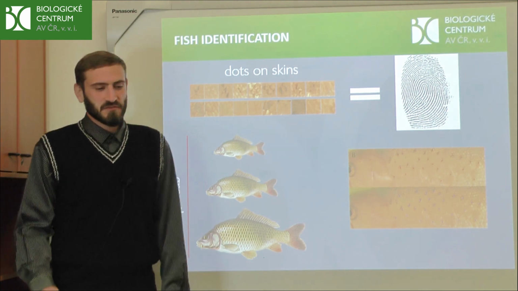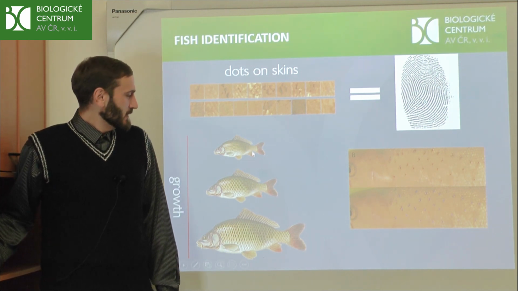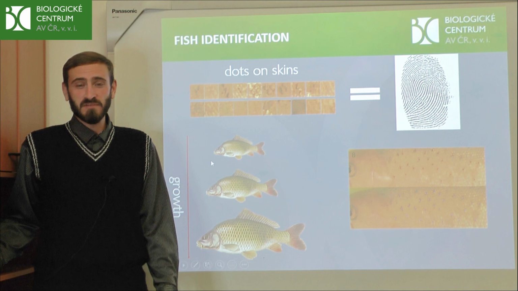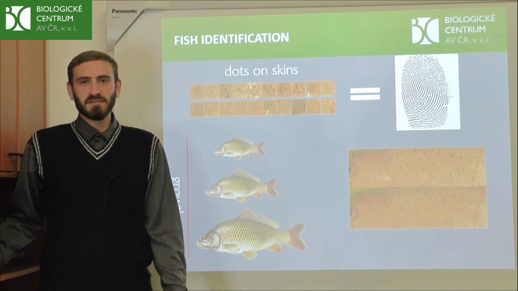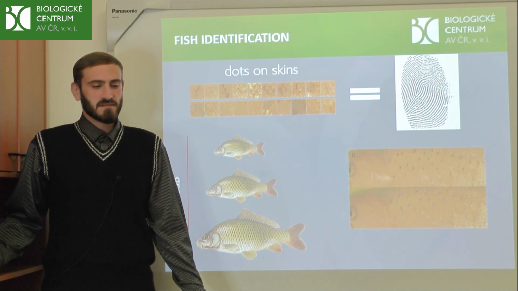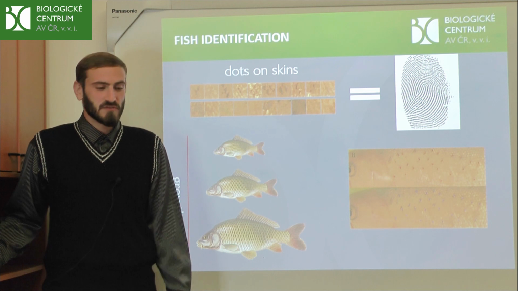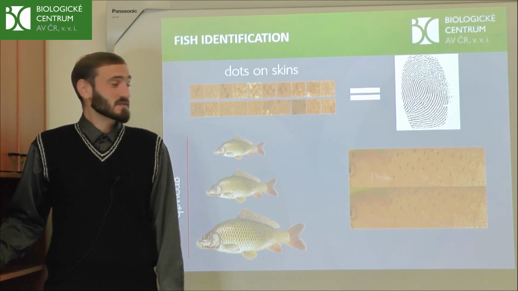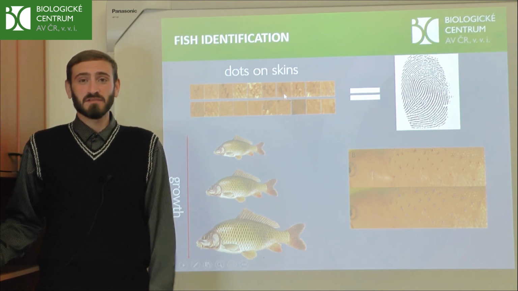It's fish identification. You want to know how the size of a fish changes during its growth or life period, and for this you need to identify the fish. Some marking methods exist, where you put some kind of mark or device on the fish so you know which fish it is. But nowadays it's more popular to just take a picture of the fish.